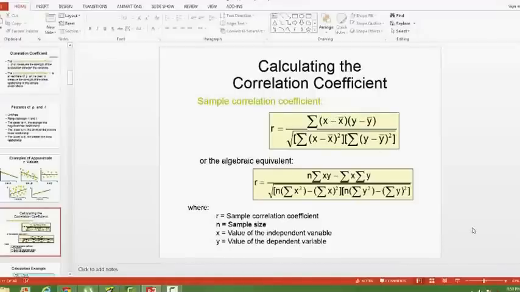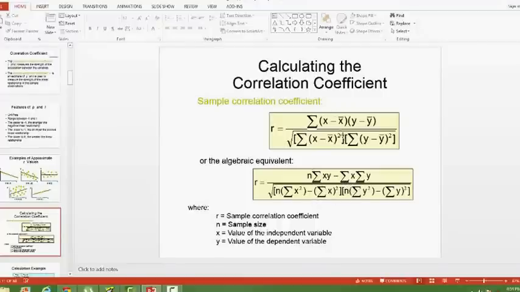But there is an easier way in which we can compute correlations. There is another formula which is derived from the parent formula, the first formula, but it's much easier while doing it by yourself. So if you are computing correlation, the best thing to use is the second formula.